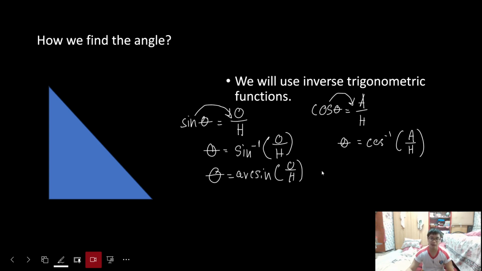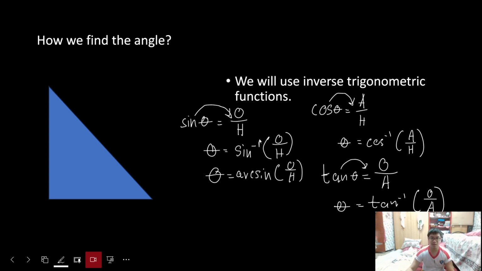Lastly, for tangent theta we have O all over A. Again, put the word tangent to the right, leaving the input, theta, alone. So we will have arc tangent of O all over A.